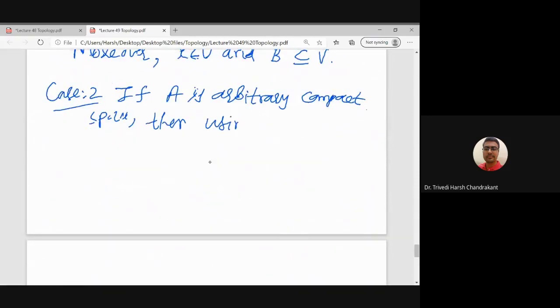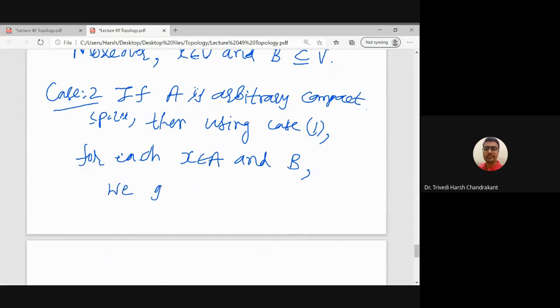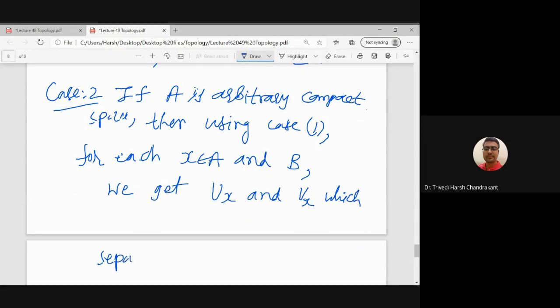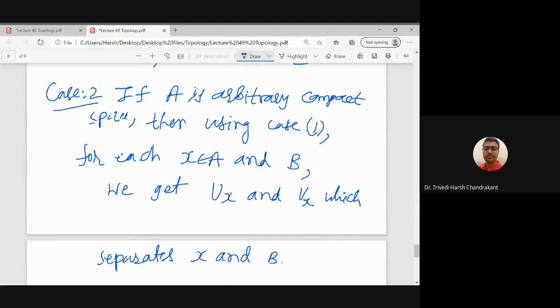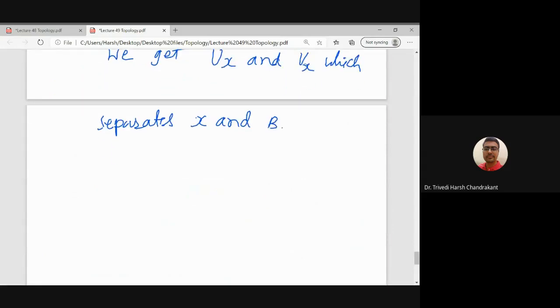Using case 1, for each element x of A and the closed set B, we get Ux and Vx, which separate x and B.